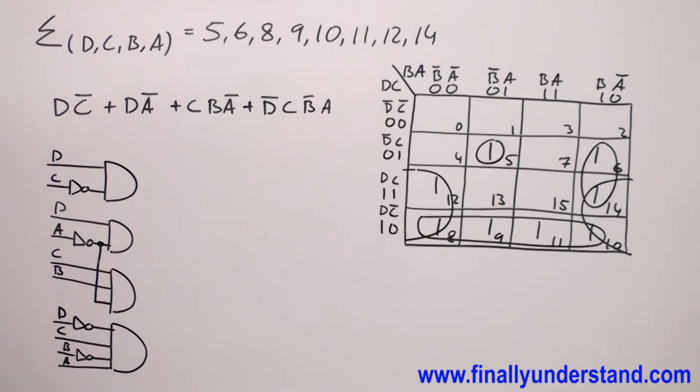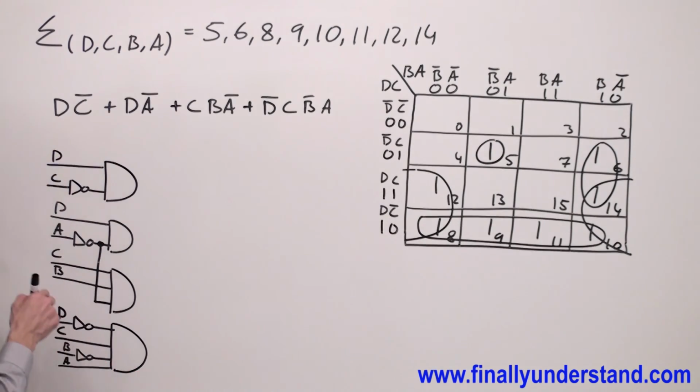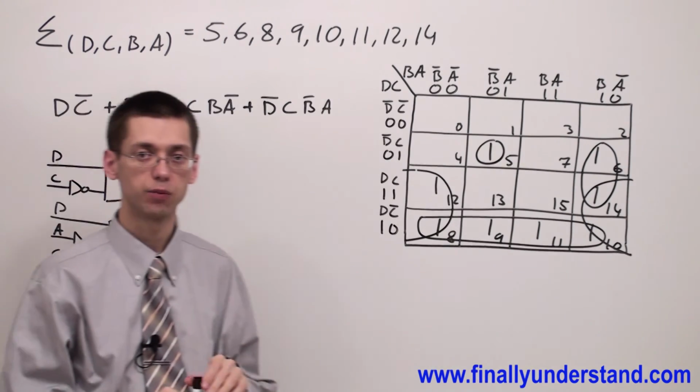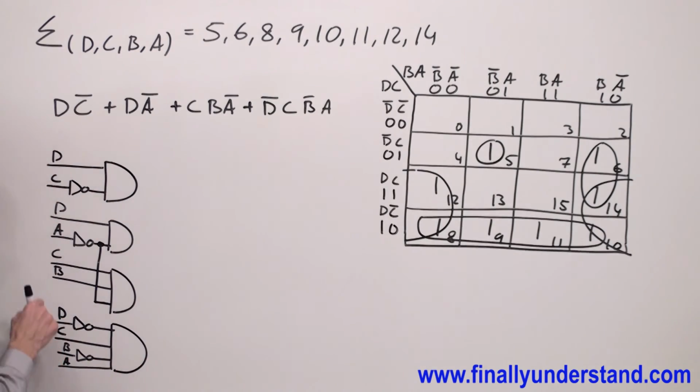Please keep in mind that if you look at the physical circuit, you are going to see that all these are connected together, all C's are connected together, all B's are connected together. I didn't connect them because I don't want to mess up the picture, but in real life, all these points are connected together.